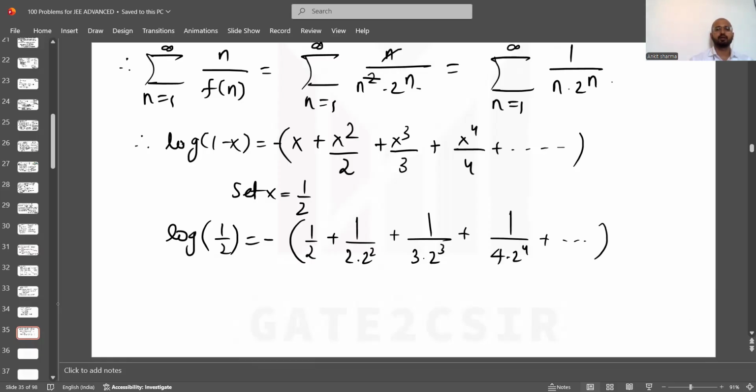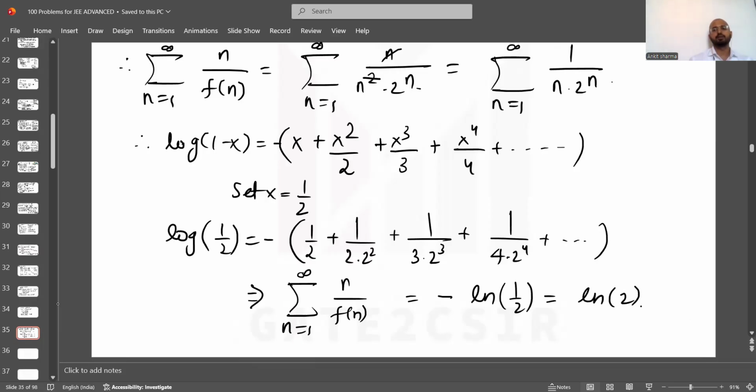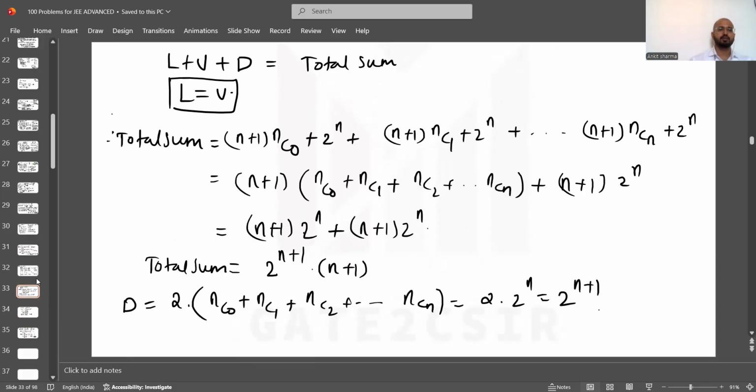So this sum is only required, which is nothing but sigma n by f of n, n equal to 1 to infinity. I get minus of ln half, which could be written as ln 2. So the final answer would be ln 2.